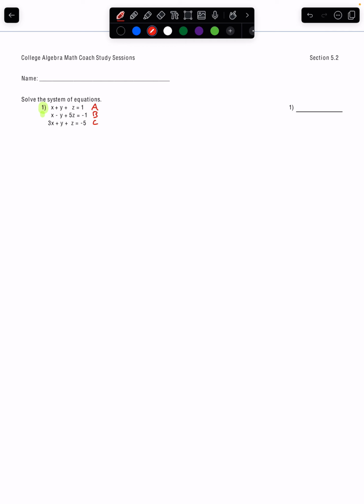So to do the first thing, let's try and eliminate y, which will be the easiest. And so we'll take equation A, subtract it from B. We'll also take B and add it to C. Or actually, we're going to add both of them. So what this looks like is x plus y plus z equals 1. x minus y plus 5z equals -1.